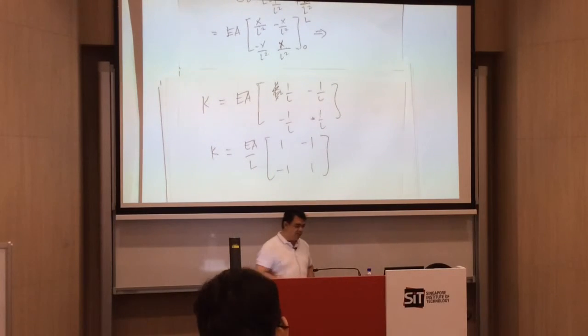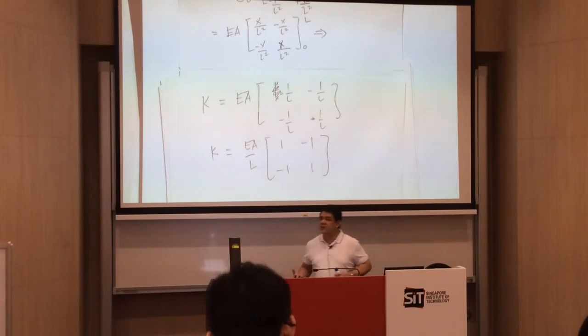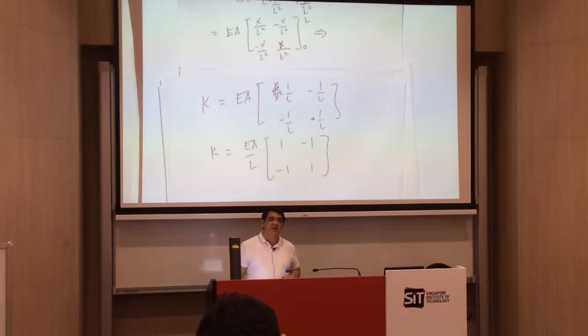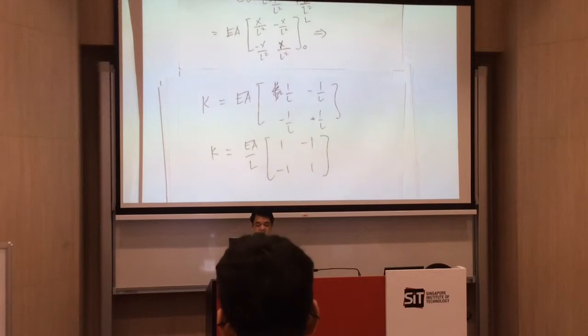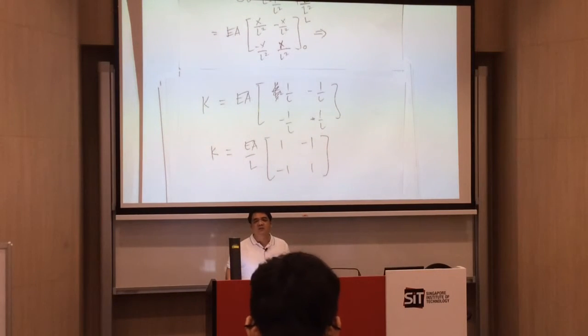So again, using the direct stiffness method, it's a very simple method. And what's the limitation here? The limitation is that you must have a strain displacement function. Your strain displacement function is dependent on your shape function, which will be dependent on your displacement function.